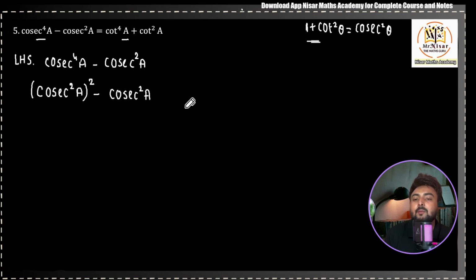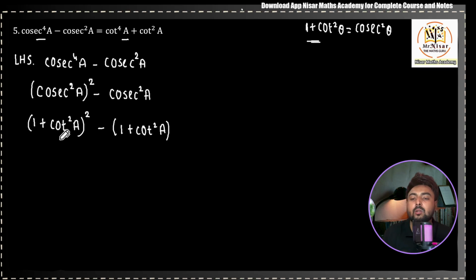Yes. Now I need to convert this cosec square into cot. So cosec square theta is 1 plus cot square theta, here with a instead of theta.